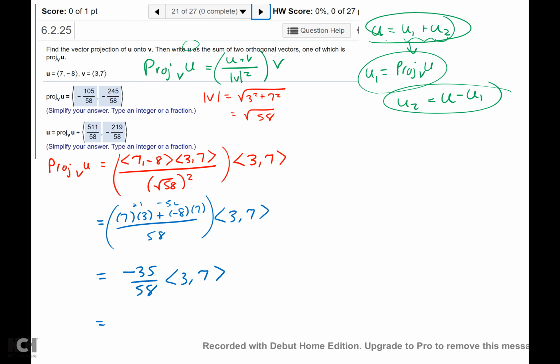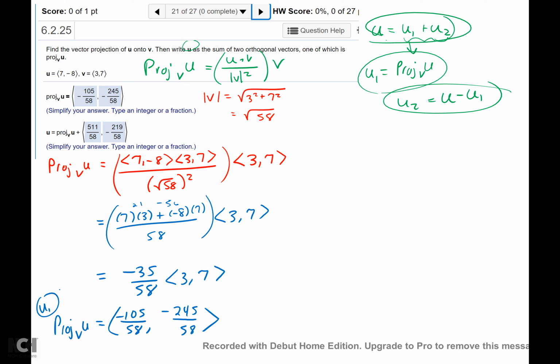If you take negative 35 times 3, you get negative 105 over 58, and negative 35 times 7 is negative 245 over 58. So there is the projection of u onto v, and that also is u1.